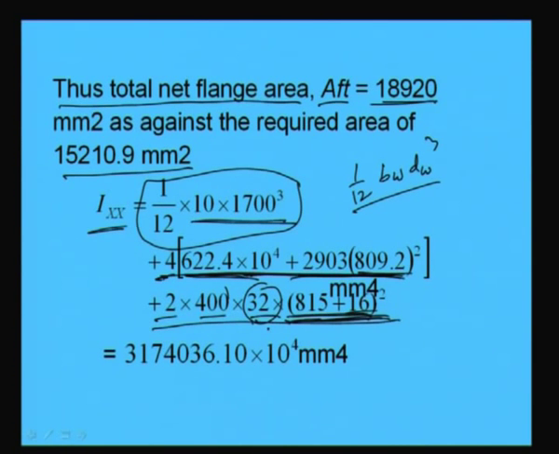So, finally, if we calculate, we will be getting this value, that is 3174,036.1 into 10 to the power 4 millimeter to the power 4. So, in this way we can find out the IXX value.